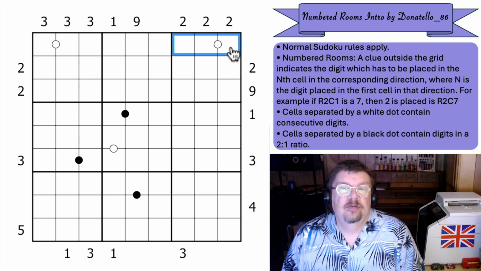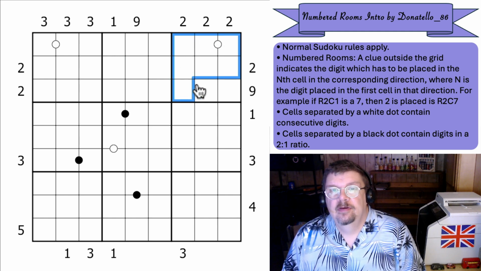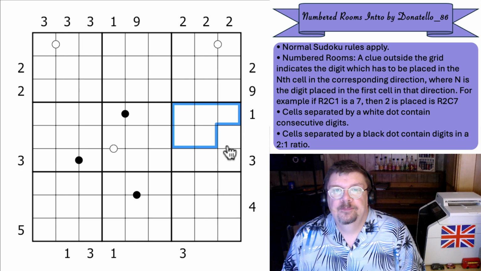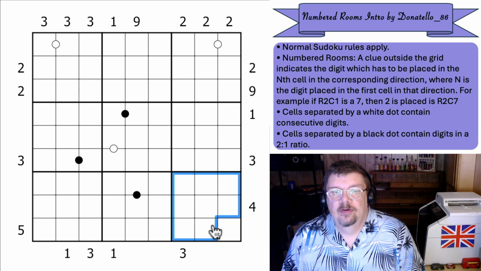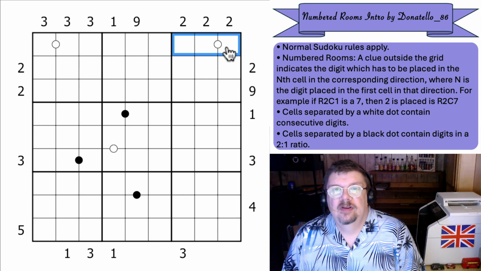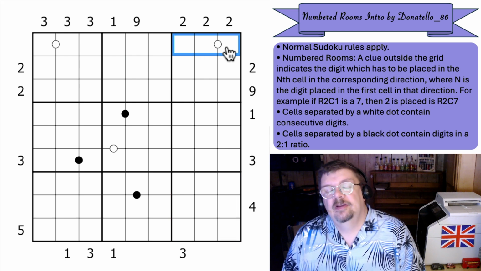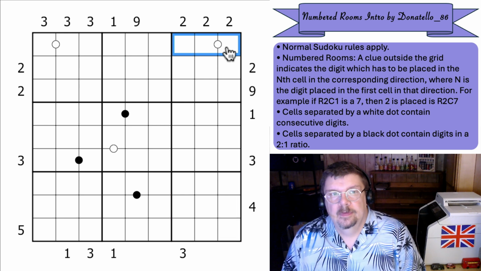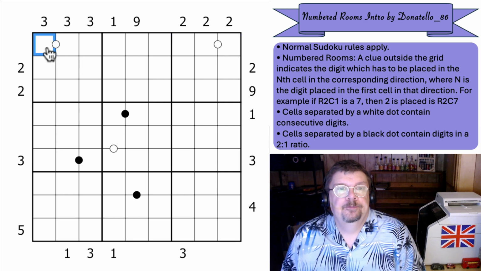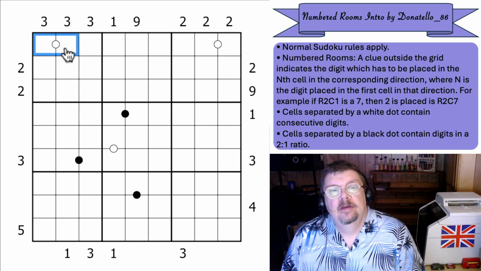But I've also got the same here. I can only put 1, 2 in each of the boxes in this stack. And so, likewise, one of these digits has to be from 1, 2, 3, one from 4, 5, 6, and one from 7, 8, 9. Now, these white dots now look interesting because what that's saying is the digits have to be consecutive.